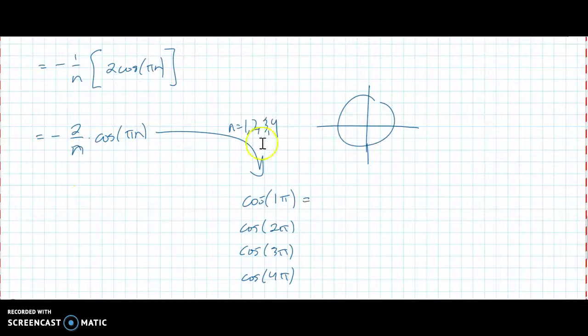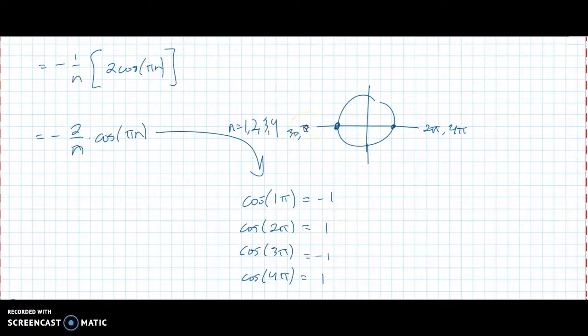So what's cosine of pi? Well, we're here, and because that's pi, this is 2 pi, this is 3 pi, and this would be 4 pi. You should see that I'm taking the x-coordinate on each of these spots, so it's going to go negative 1 for this one. Come around here. What's the x-coordinate? It's positive 1. And then what's the x-coordinate at 3 pi? It's negative 1. What's the x-coordinate at 4 pi?